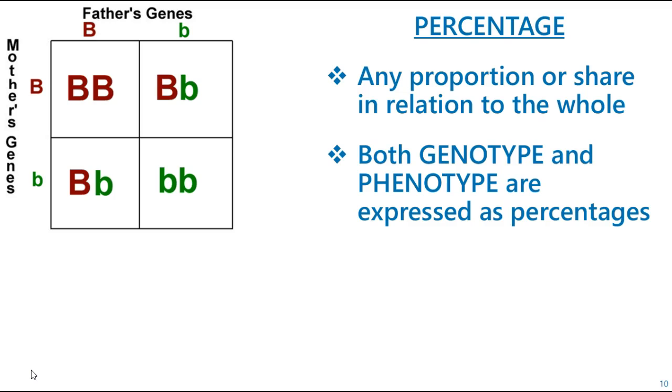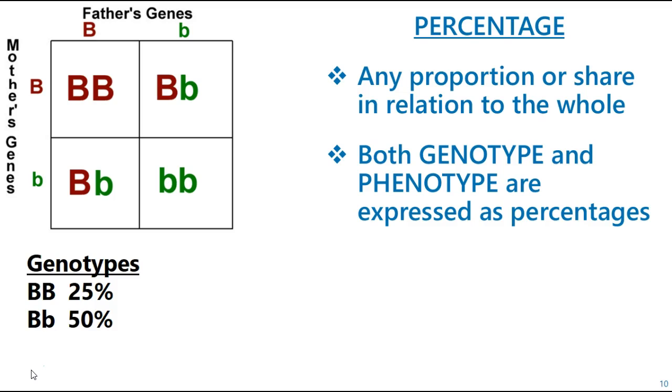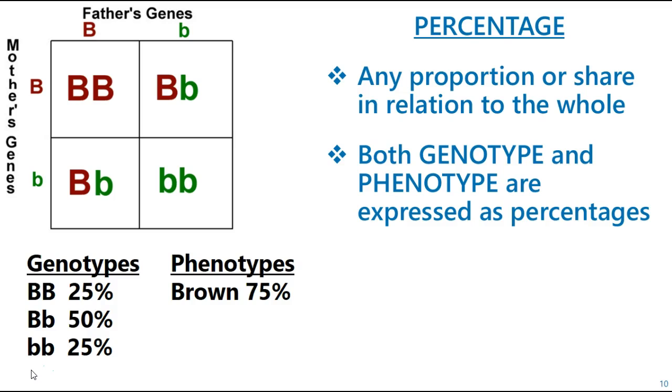In the example of our Punnett square, if we're looking at the offspring, the letters inside the boxes, for the genotypes, 25% are homozygous dominant, 50% are heterozygous, and 25% are homozygous recessive. For our phenotypes, 75% of offspring are brown, and 25% are green.